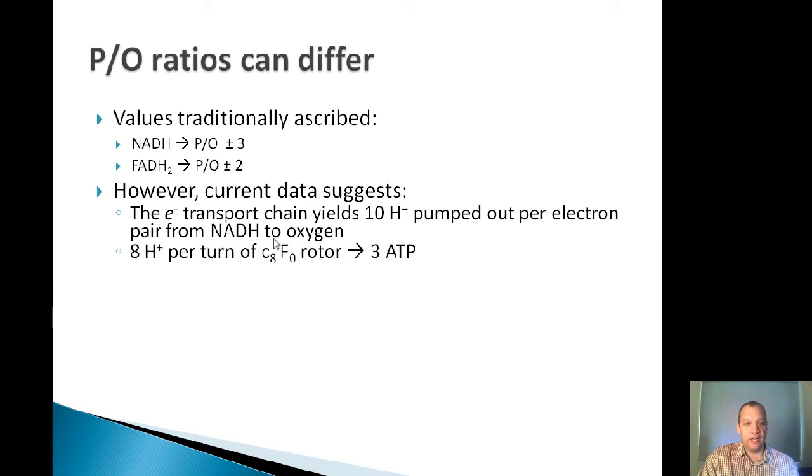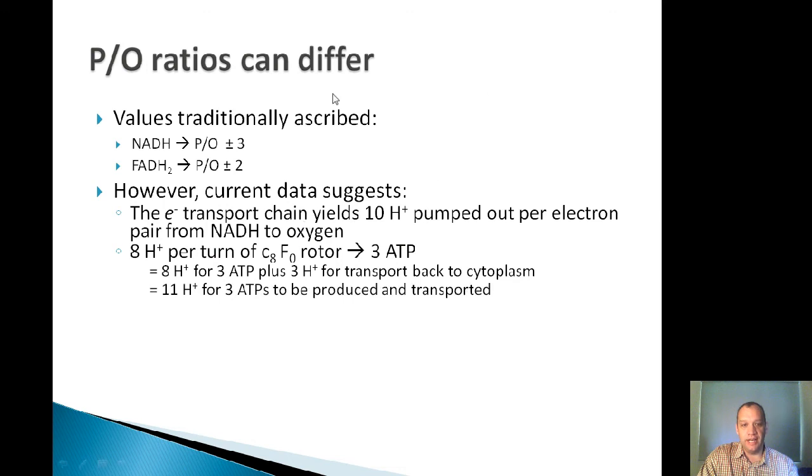If you have an ATP synthase with 8 C subunits in that F0 rotor, it means that you require 8 protons to come back into the mitochondrial matrix in order to form 3 ATPs. And remember, we just said those ATPs now need to be shuttled outside of the mitochondria as well, which means that an additional 3 protons are used in that exchange with ADP to transport ATPs out of the mitochondria.